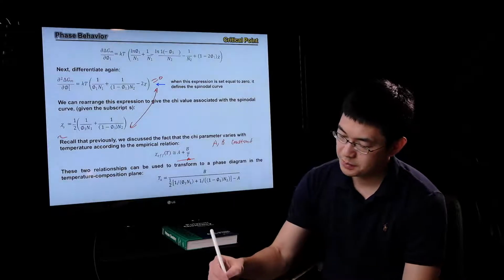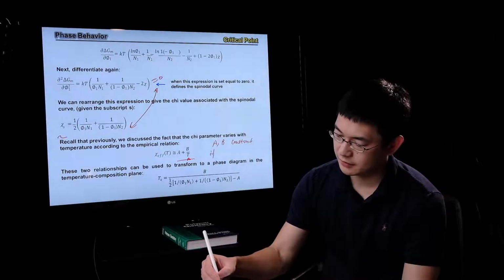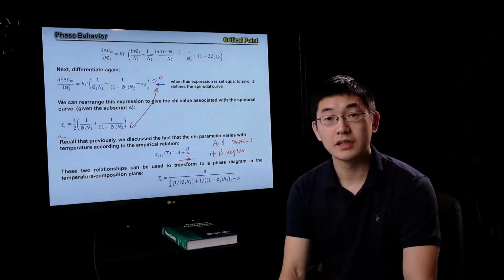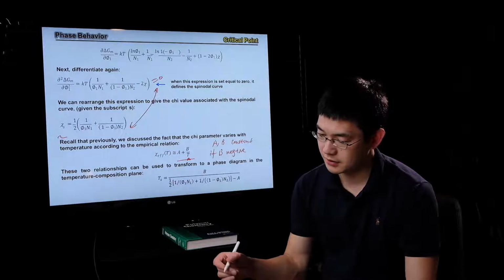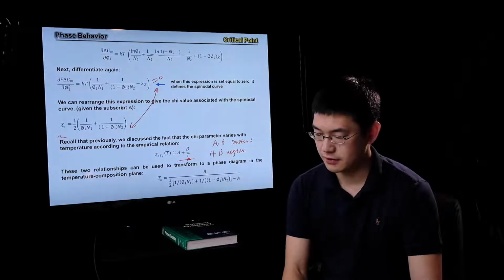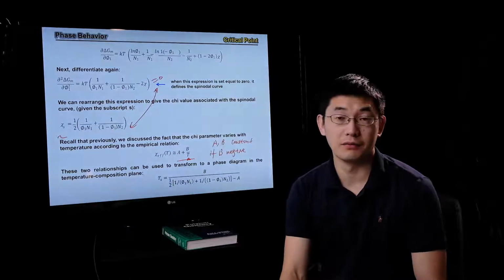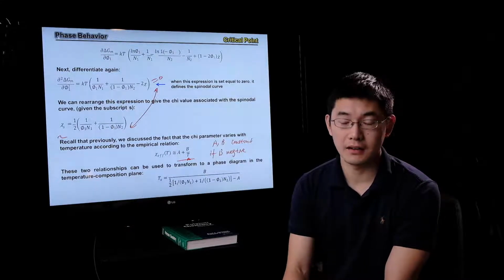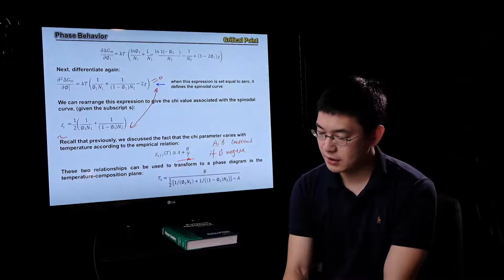Let's say if B is negative, then increasing the temperature will increase the chi, okay? Because if you plot this, if B is negative, increasing the temperature will reduce the negative magnitude of B and thus increase the chi value.